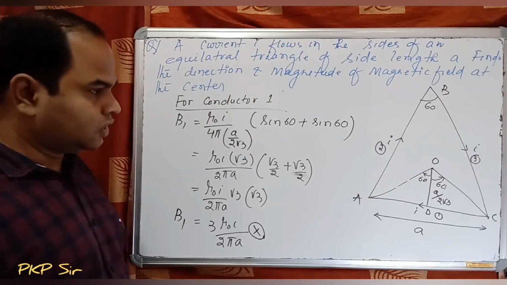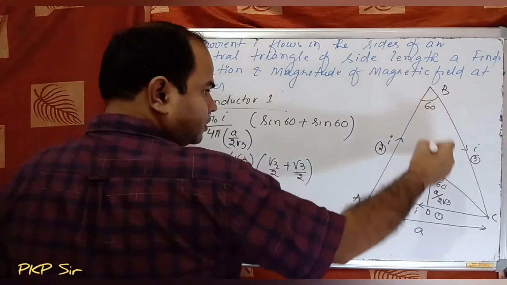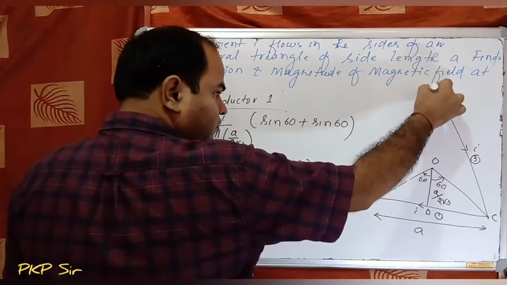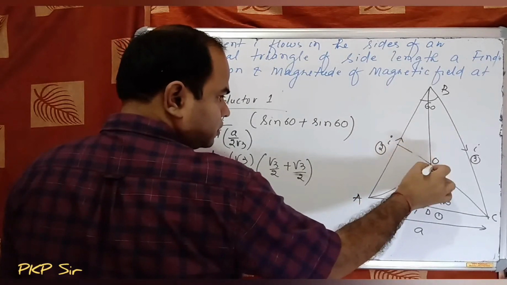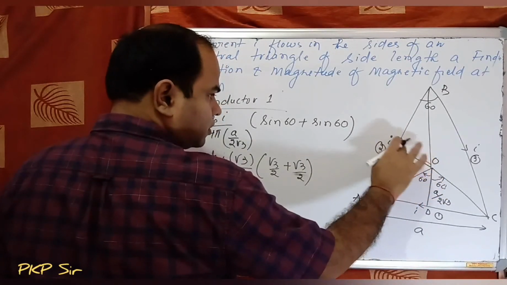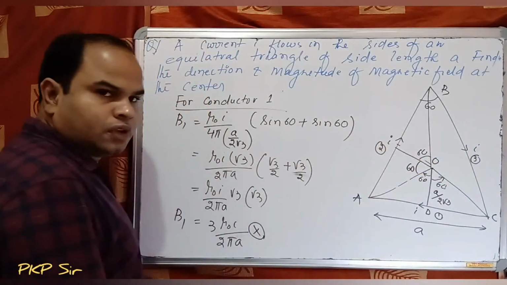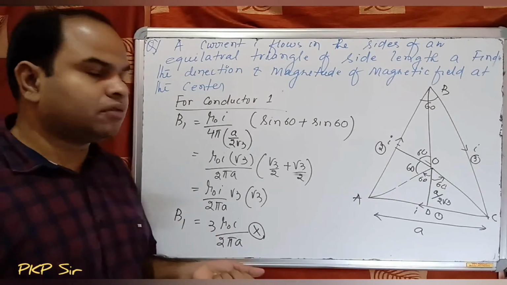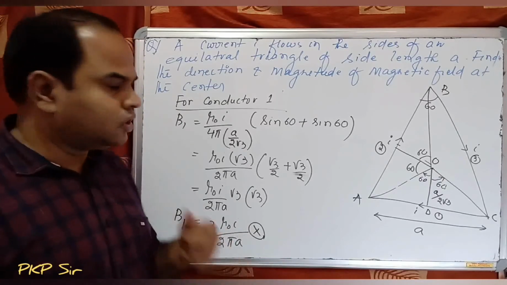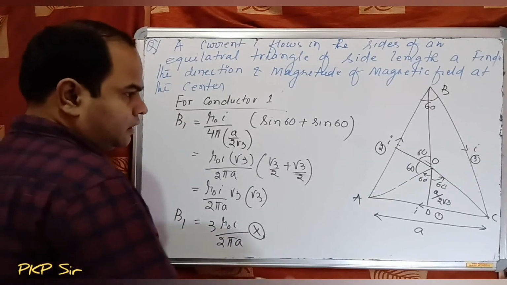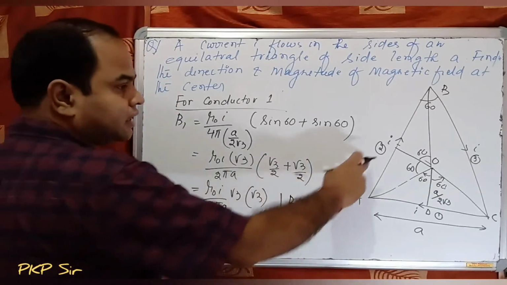Okay, same thing for the second conductor. This is the perpendicular distance. This one is also 60 and this one is also 60. So for the second conductor also phi 1 and phi 2 are 60 and the distance is the same. So let us say B2 is the magnetic field due to the second conductor.